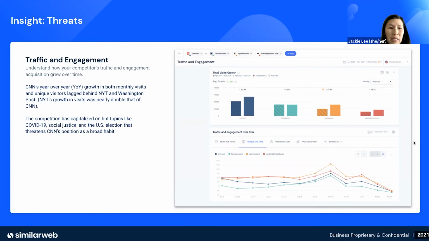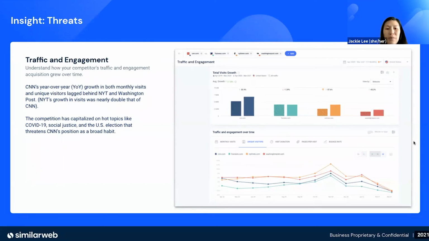And what this is showing us is that CNN's year-over-year growth, while strong, CNN grew over 30% in monthly visits and unique visitors, it actually lagged behind New York Times and Washington Post. In fact, New York Times growth in visits was nearly double that of CNN's.